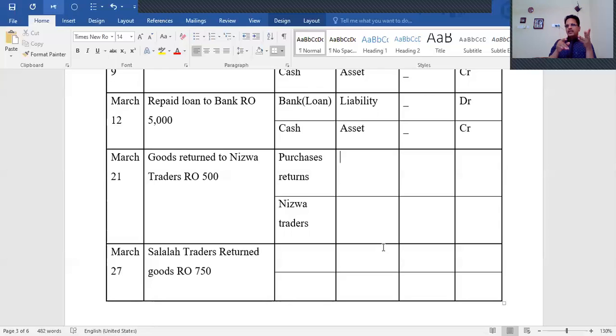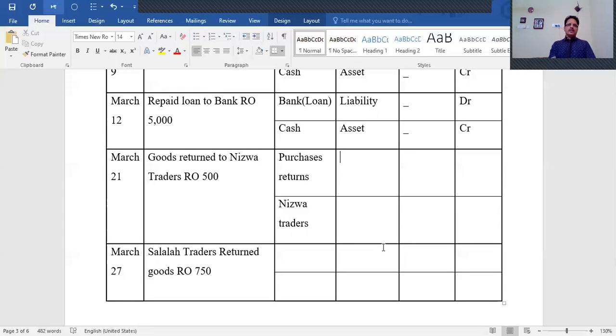I told yesterday that in Tally we term it sundry creditors, but in other material like ACCA, this term sundry creditors is not used; it is accounts payable. So Nizwa traders is accounts payable, because you purchased goods but money has not been paid. So payable is a liability, your liability.